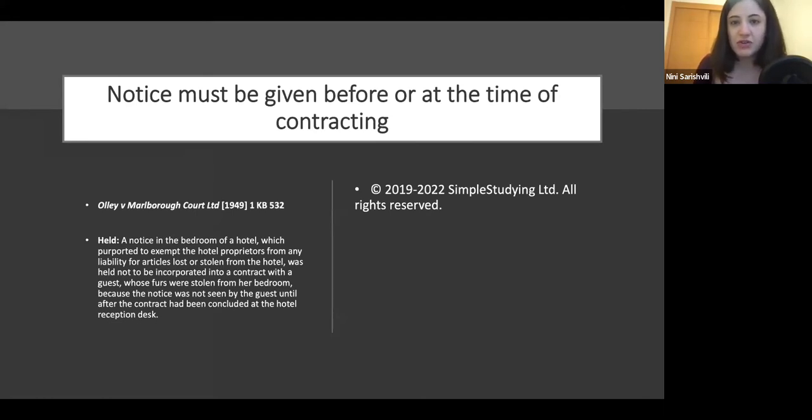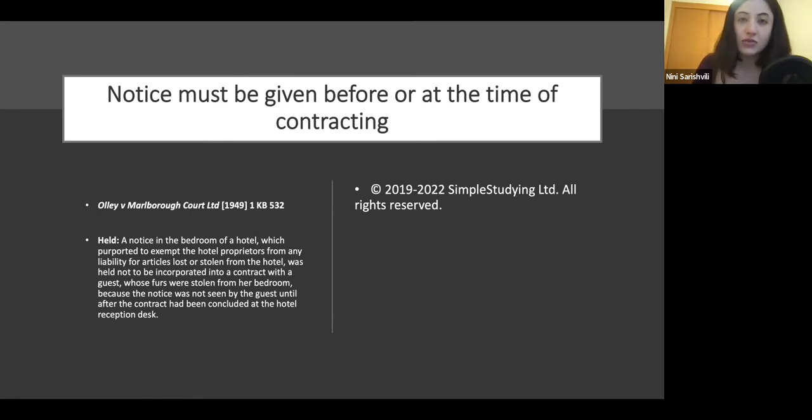Notice must be given before or at the time of contracting. The case that you should know is Olley versus Marlborough Court. This case is often cited when you're trying to establish incorporation of the exclusion clause in the contract by notice. The notice in this case was in a hotel room and purported to exempt the hotel proprietors from any liability for articles lost or stolen from the hotel.